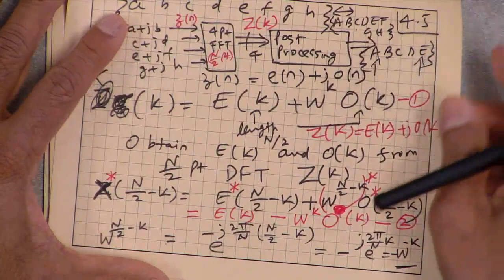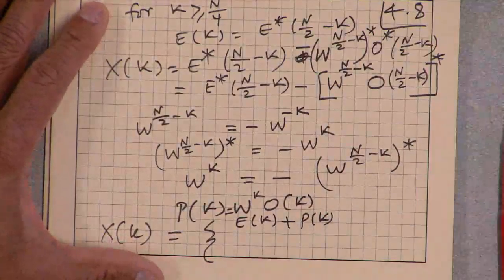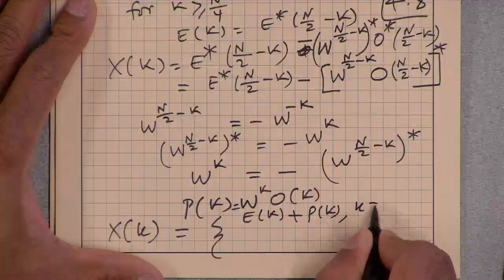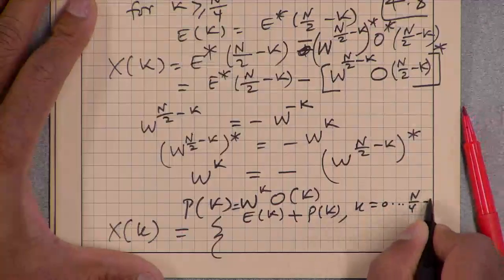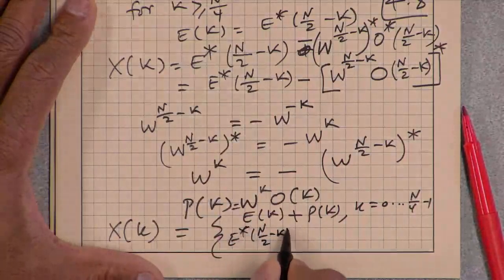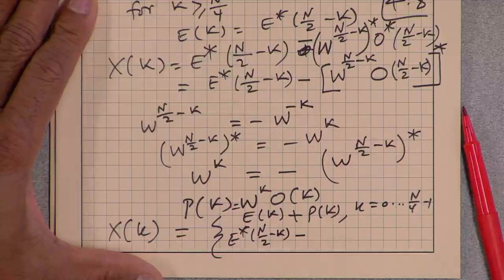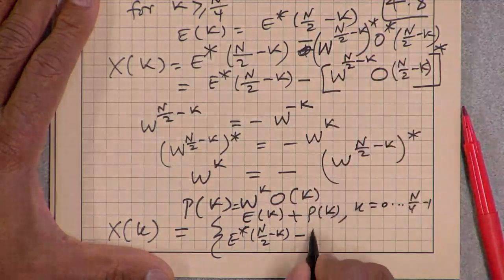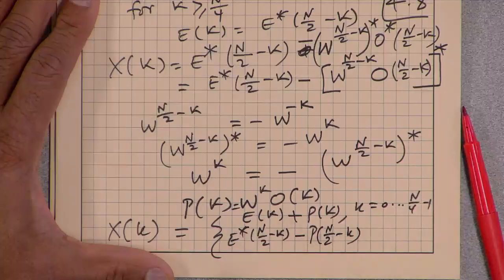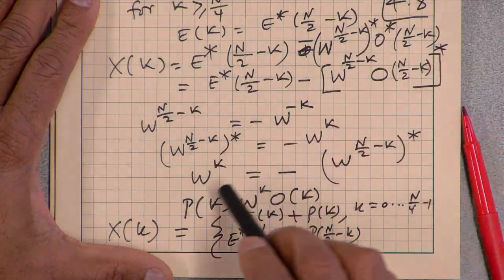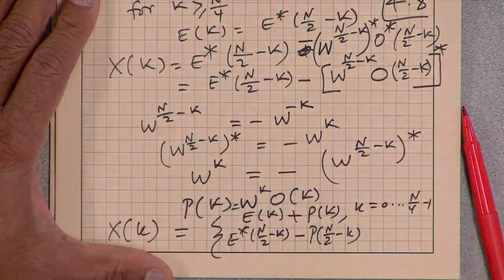So I called W to power k Ok as Pk. So Xk is Ek plus that whole thing, which is now Pk, for k equal to 0 to n by 4 minus 1, and then is equal to E conjugate n by 2 minus k minus this whole thing, which is P n by 2 minus k, because we defined Pk as this whole thing, and this is the conjugate of it with k replaced by n by 2 minus k.